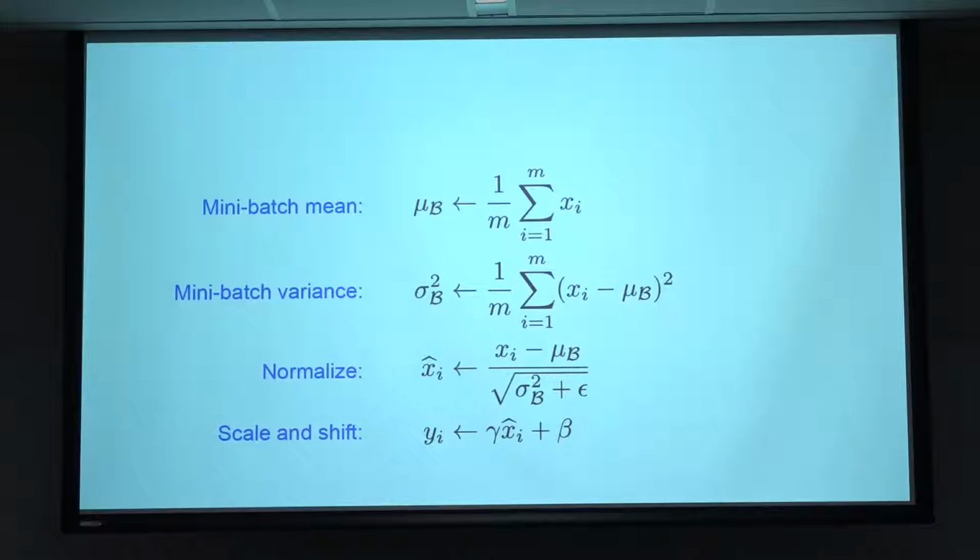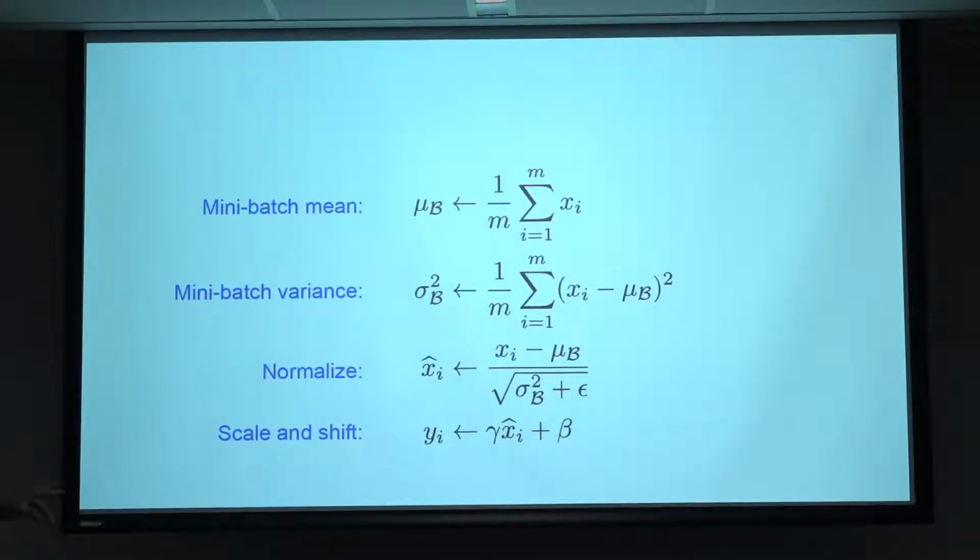Roughly speaking, you can think of this method as, okay, after each step, I'm going to normalize the data, make it zero mean, unit variance. Then maybe I'm wrong. Maybe it shouldn't be that way. Let me rescale the data to some other variance, not 1, and some other mean, not 0.